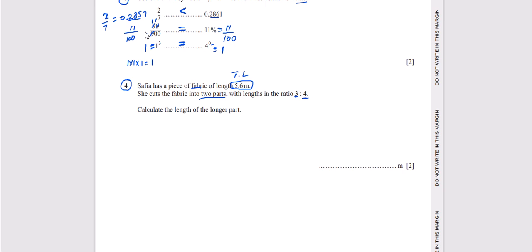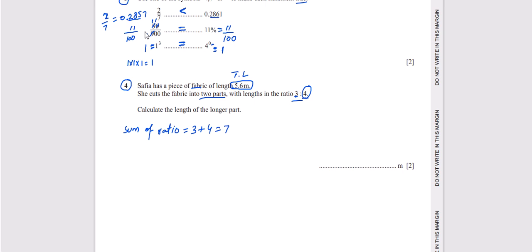Calculate the length of the long part. The long part is 4. First of all, we add the given ratio. Sum of ratio is equal to 3 plus 4, that is equal to 7.